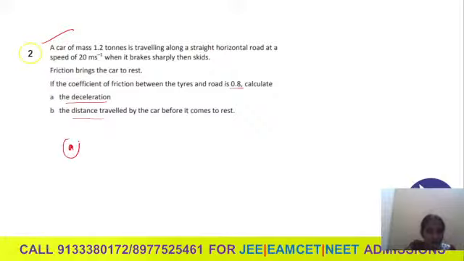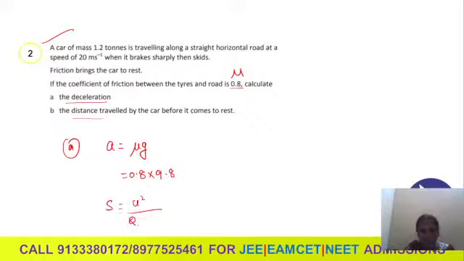So first find the deceleration, that is a is equal to mu g. Mu is given as 0.8, so 0.8 into g value 9.8. Next we need to find the distance travelled. Distance travelled is equal to u square by 2 mu g. u is 20. So 20 into 20 by 2 into 0.8 into 9.8.